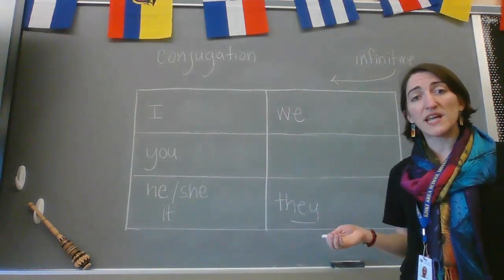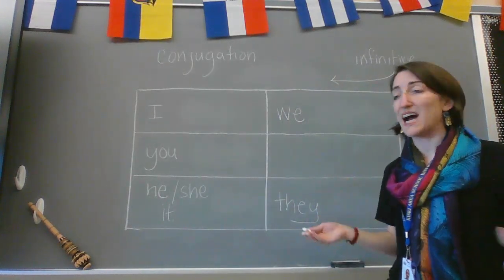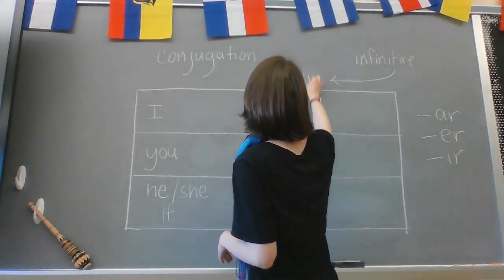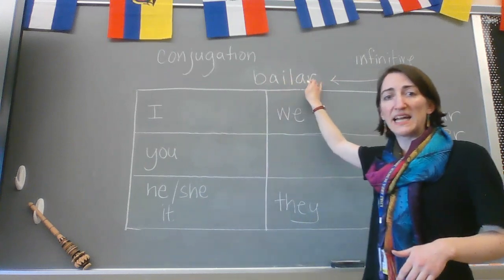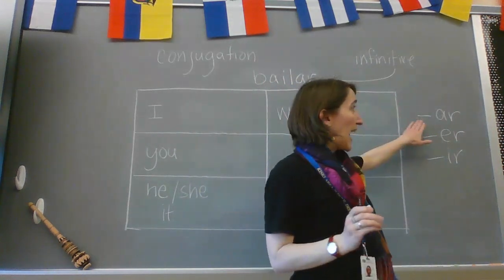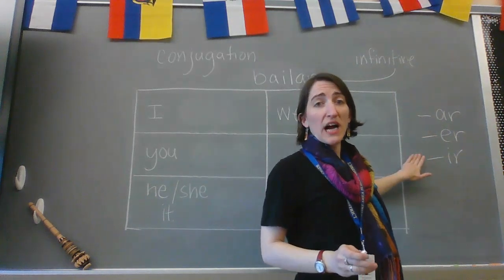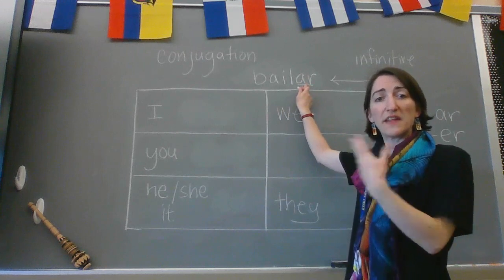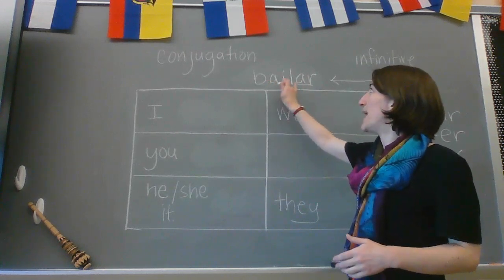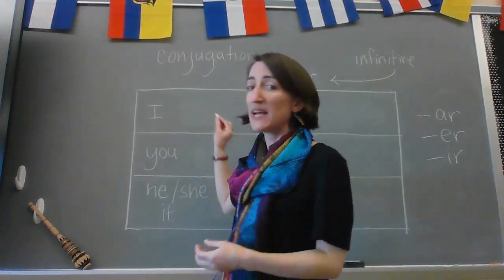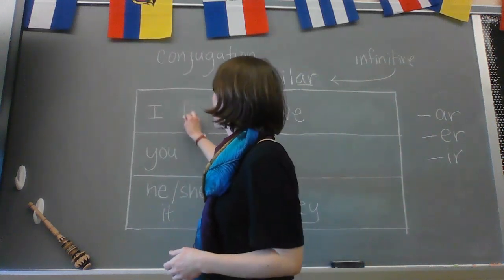So in Spanish, to say to dance, we're going to say bailar, to dance. In Spanish, all verbs end in AR, ER, or IR. So what we have here is an AR verb. It ends in AR, and that's going to tell us how to conjugate it. Bailar. So if we want to say I dance, we're going to say bailo.